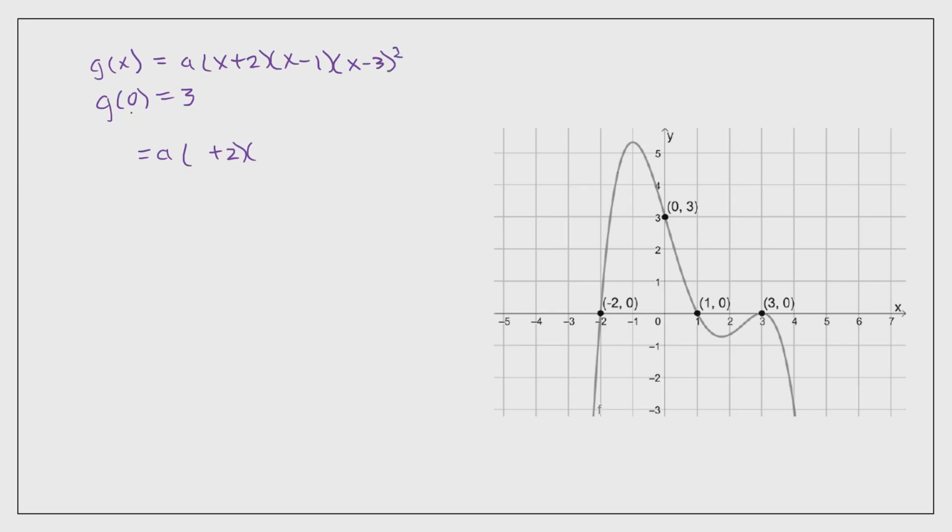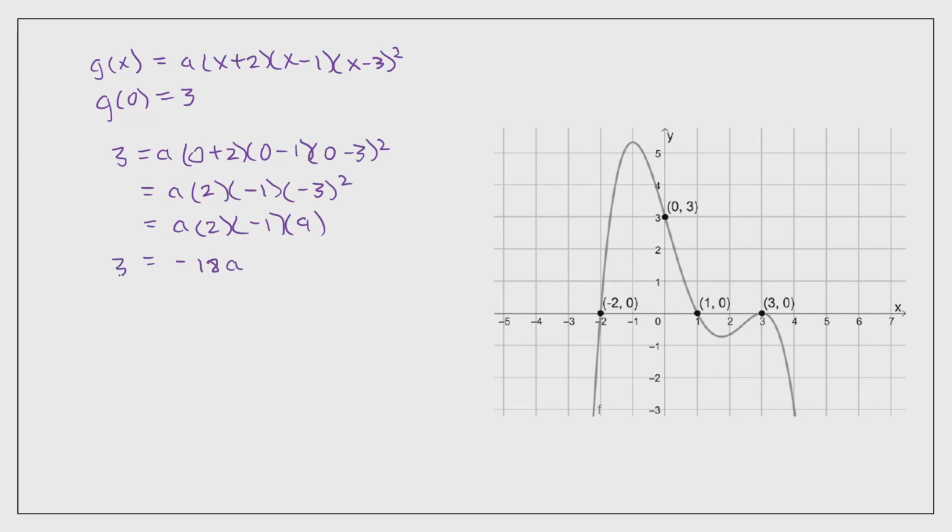So now when I evaluate g at 0, g of 0 equals 3. So everywhere I see an x, I'm going to substitute 0. Now simplify the right-hand side. So that's a times 2 times negative 1 times negative 3 squared, and it's a times 2 times negative 1 times 9. That's negative 18a. So 3 equals negative 18a.